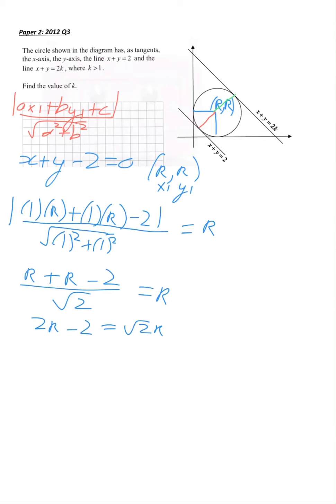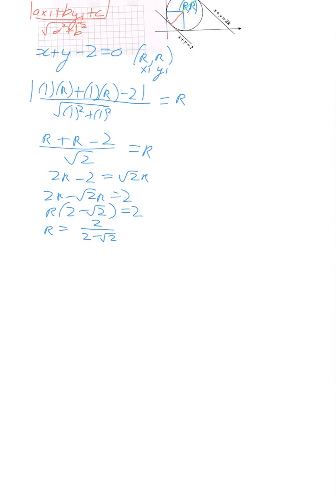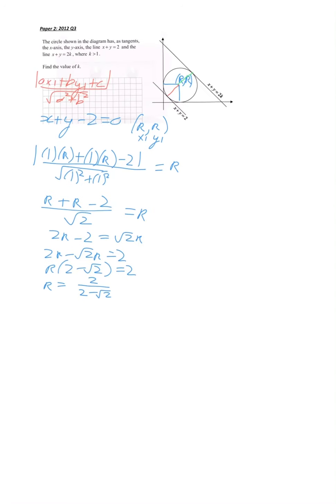Now let's bring the r's to one side, so I'm going to have 2r minus root 2 r is equal to 2. Factorize out r, so I'm going to have r, then bracket 2 minus root 2, equal to 2. So that means r is equal to 2 divided by 2 minus root 2. You can't leave it like this, so you have to rationalize the denominator.